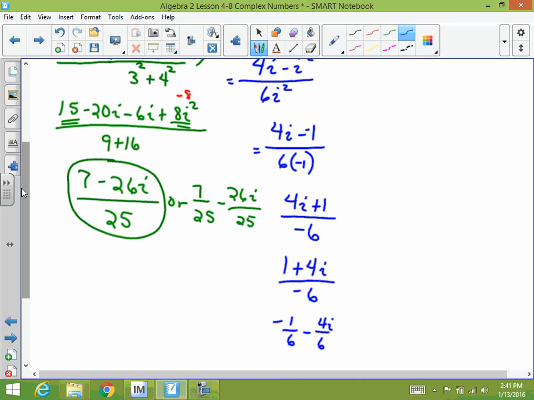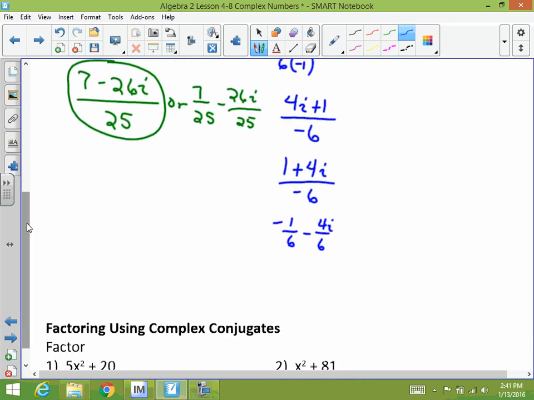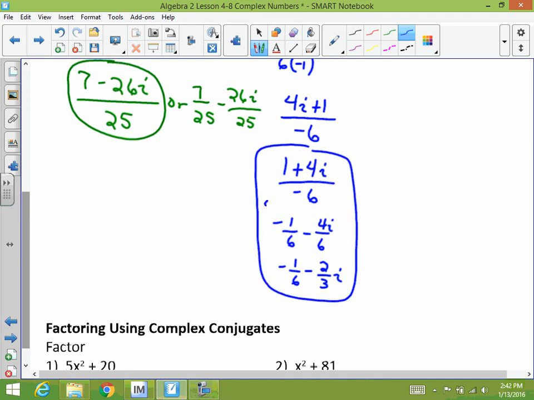So you could write this one more step. You could say that this is negative 1/6 minus 2/3 i. Any of these are perfectly acceptable. I don't have a preference to which way you write it, so any of those 3 ways would be acceptable. Probably my favorite way is this way, and then my next favorite way is this way. I prefer you reduce them if you can.